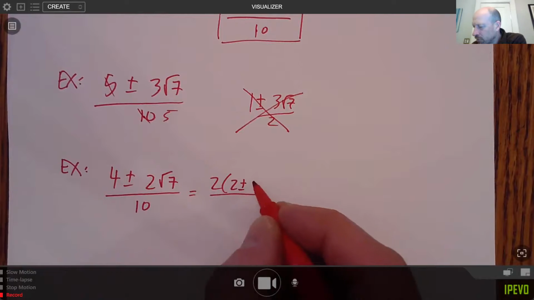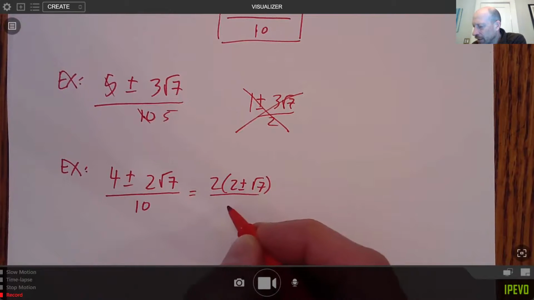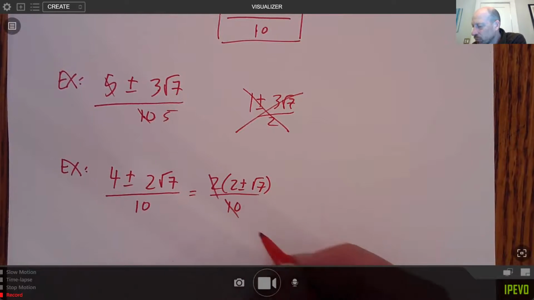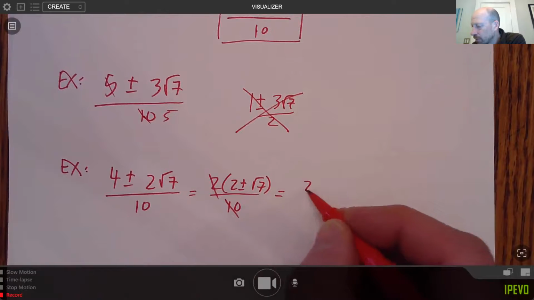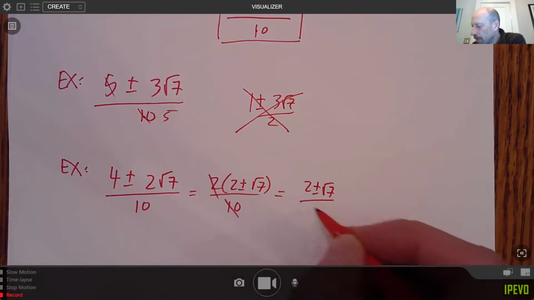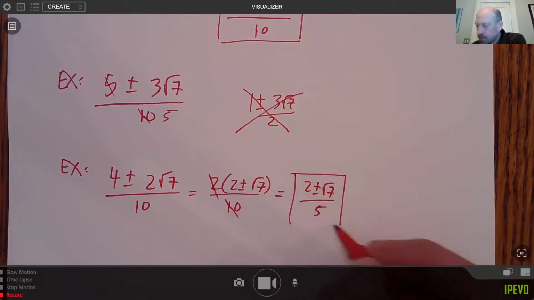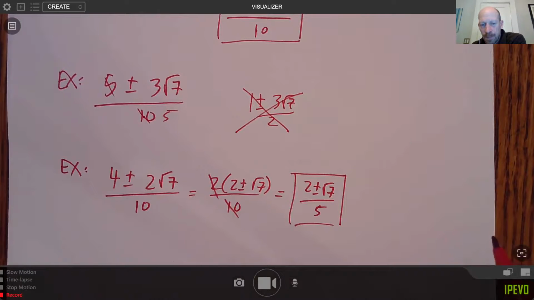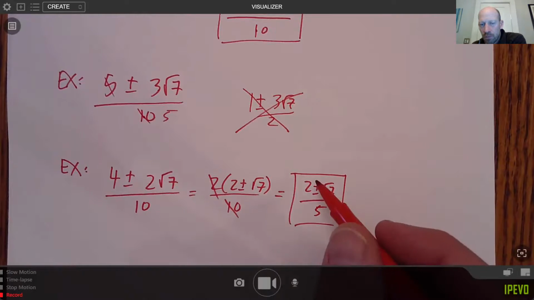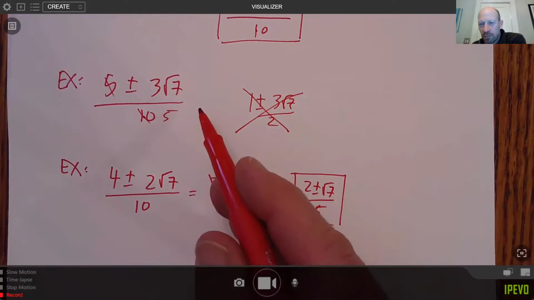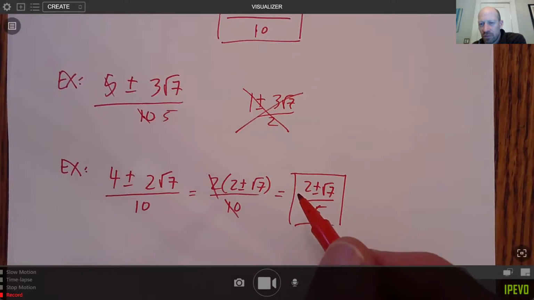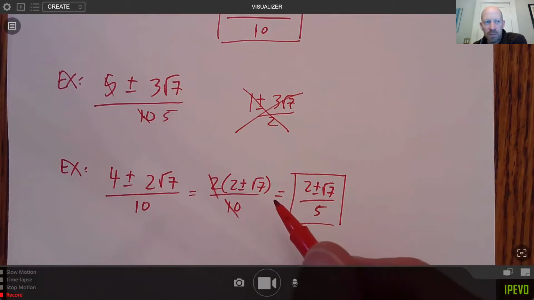You don't always have to actually factor it out like that, but that's what happens. So I'm going to kind of see the difference in those two types of problems.